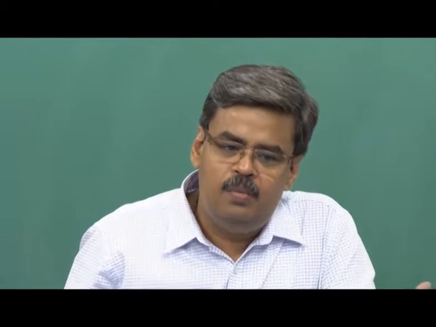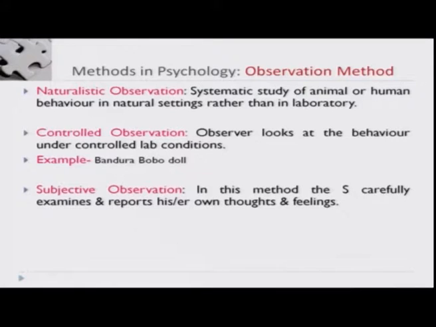The second is controlled observation, where the observer looks at the behavior under controlled lab conditions. Bandura's Bobo doll experiment is a very famous example of controlled observation. There is another format of observation called subjective observation. In this method, the experimenter or the observer carefully examines and reports his or her own thoughts and feelings.